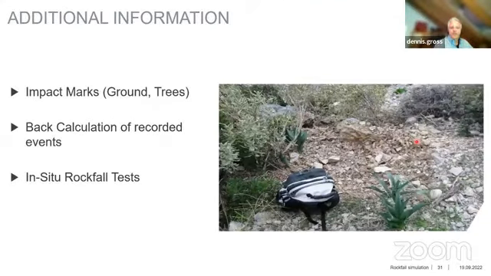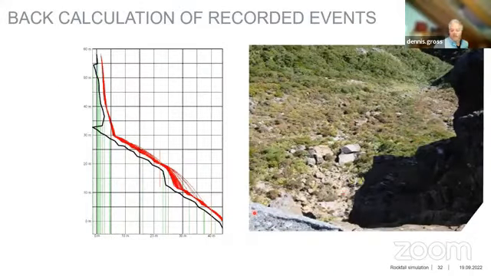Additional information is impact marks, or what we call silent witnesses. For example, very often when I come to a new project, I would watch the road surface first to see whether there are impact marks from the past, or I would watch down the slope first before I look up to see blocks, or have an idea of the block sizes which could be found there from previous events.